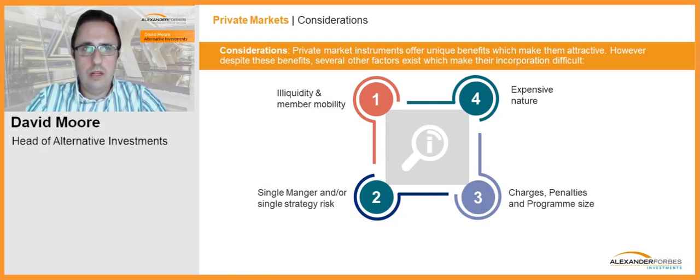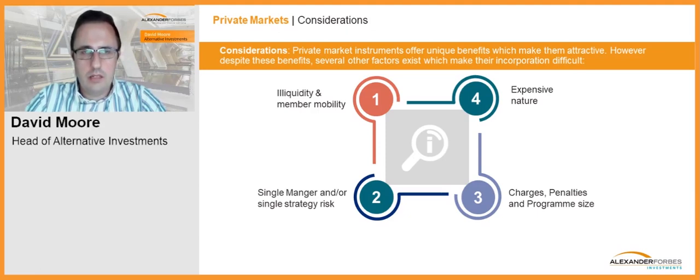It's typically more likely to be funded from the more traditional asset categories, so you shouldn't overweight your portfolio to illiquid or private market assets where you think that you have potential member mobility or member movement issues within a pension fund. It should be tactical and measured in its allocation. And so that's one of the keys, and the largest and most well-known and well-covered challenge of being invested in the private markets asset category.